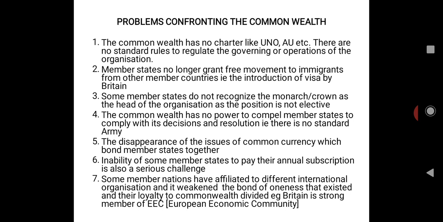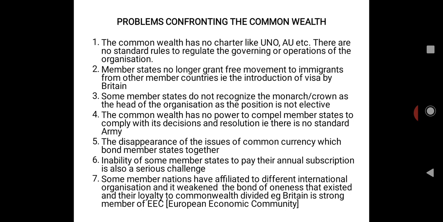Take, for example, Britain, that is the colonial master, the head of this particular association, introduced the use of visa. If they introduce the use of visa, what do they expect other members to do? That means there is no more free movement of immigrants from other member countries. It is a hindrance. Number 3, problems.